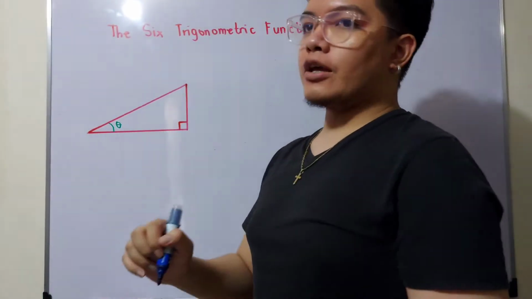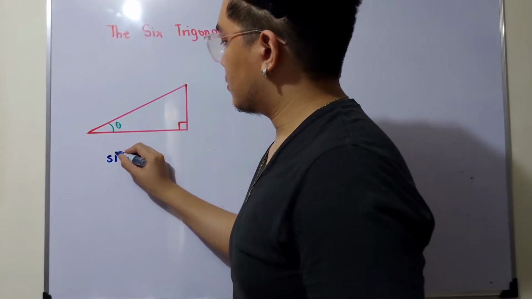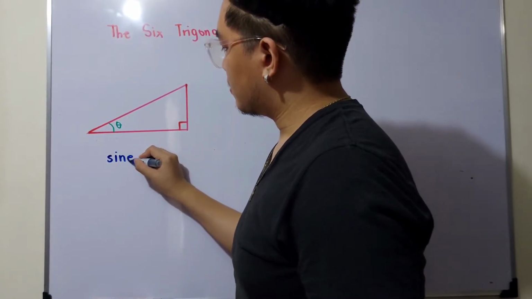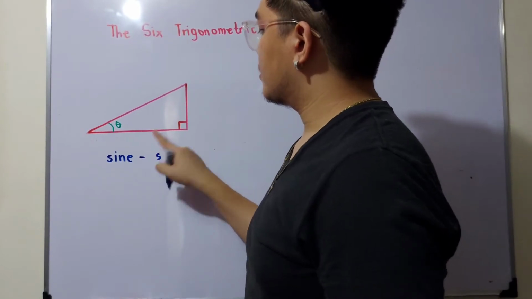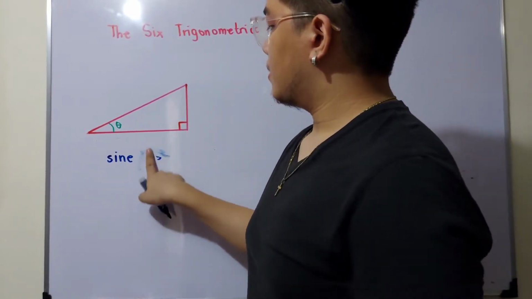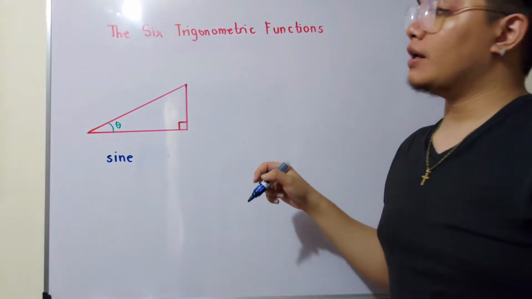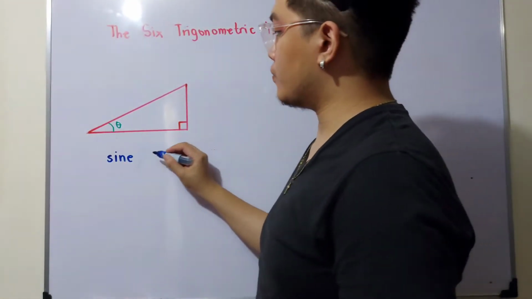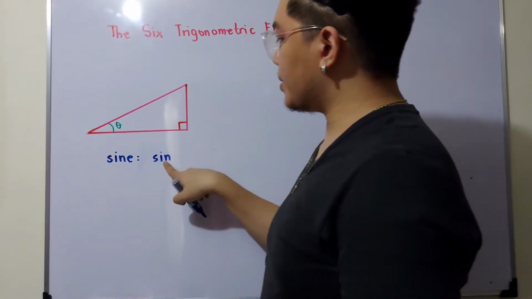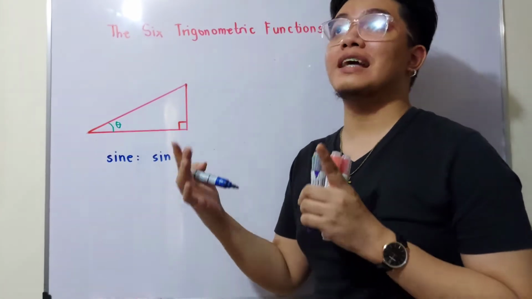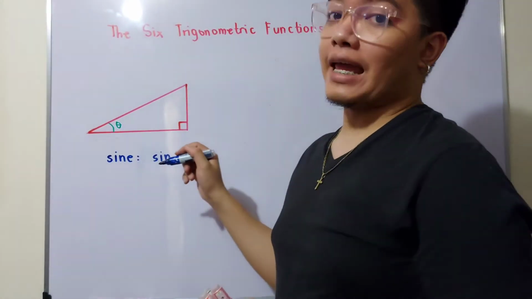Okay, so magsisimula tayo dun sa sine. Okay, magsimula tayo dito sa sine. So it is the ratio of the opposite and hypotenuse. So it is abbreviated, contracted as sin, but we read that as sine.